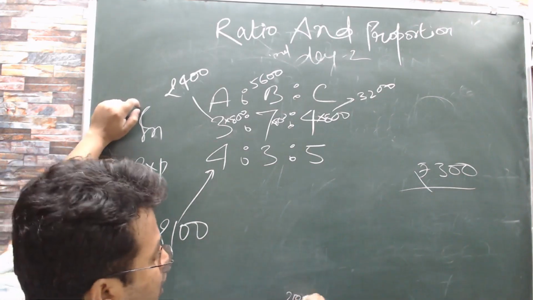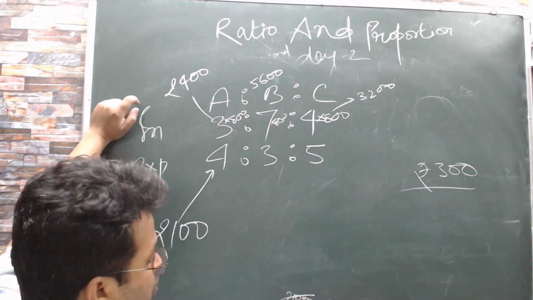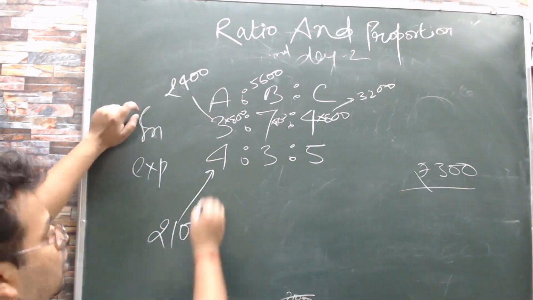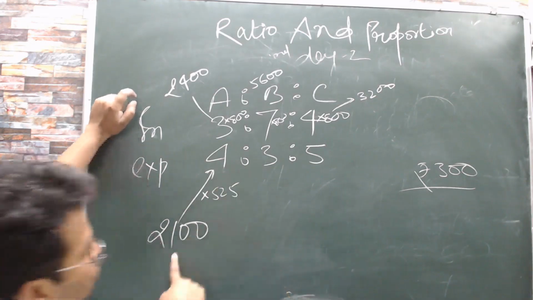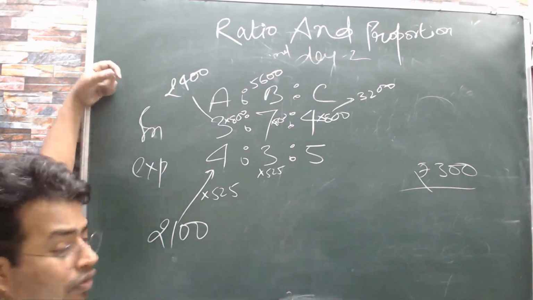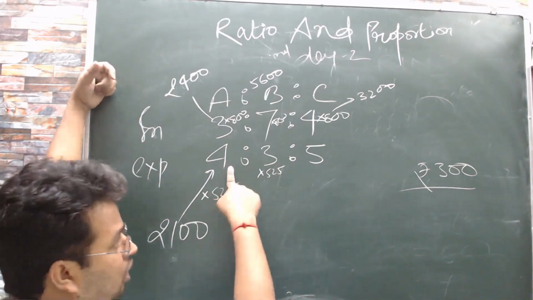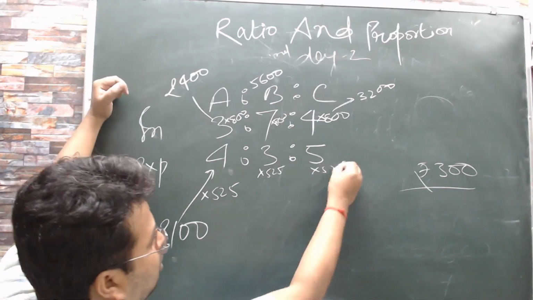Divide 2100 by 4. You will get 525. So if you multiply 525 here in the 4, you will get 2100. So multiply 525 here also, because it is the rule of the ratio. If you are multiplying something here, multiply everywhere in those terms.